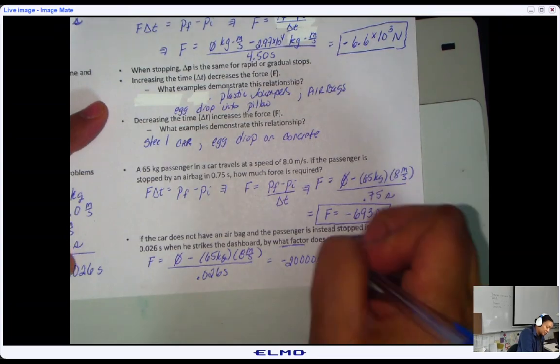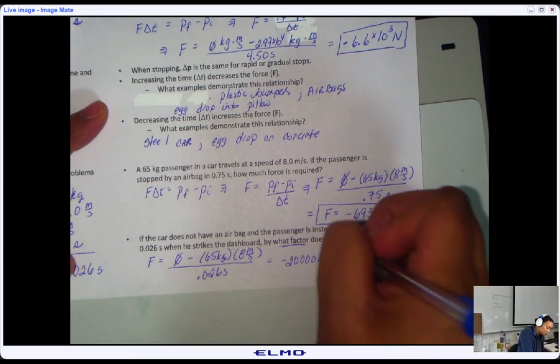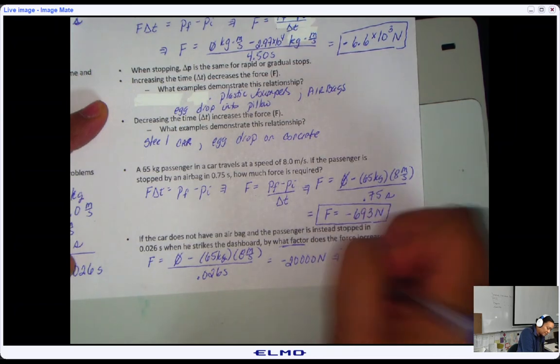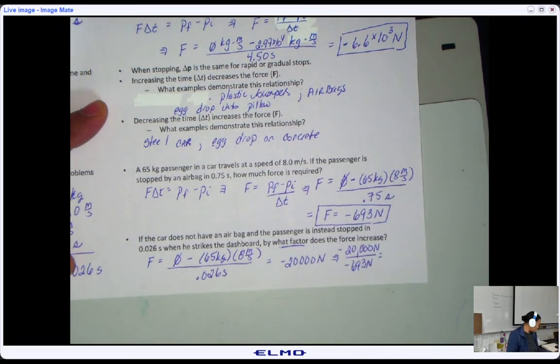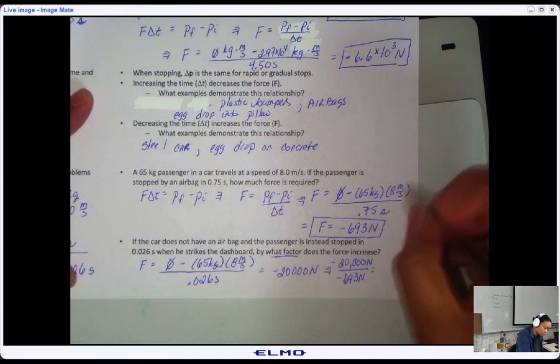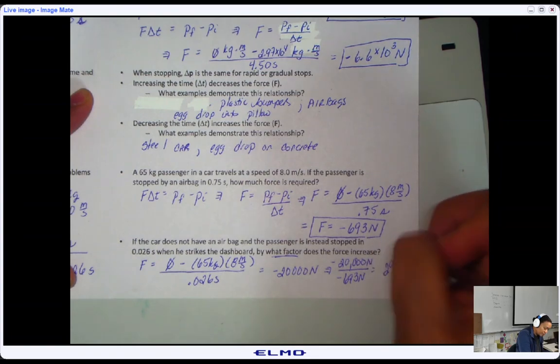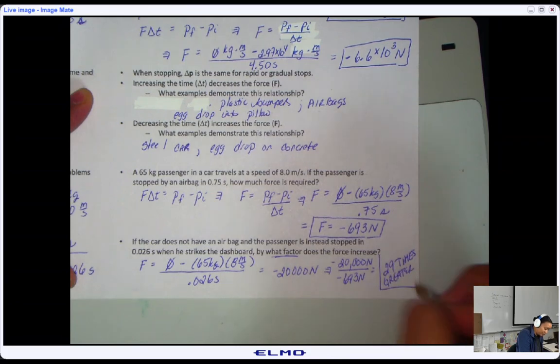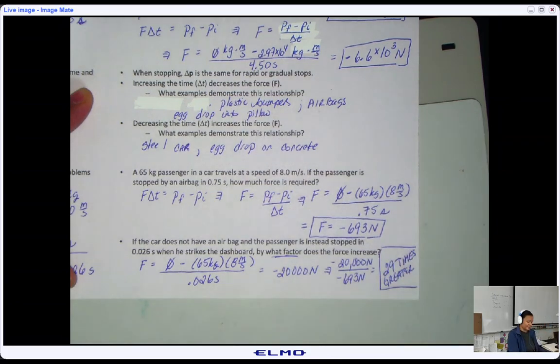Okay, so I'm going to take the 20,000 divided by the 693, and that comes out to 29 times greater. The force on the person without the airbag is 29 times greater than with the airbag.